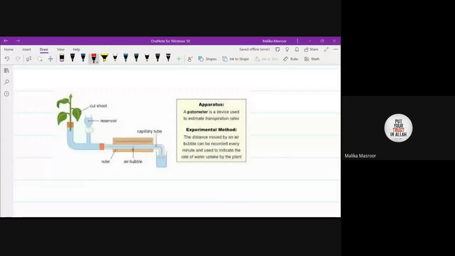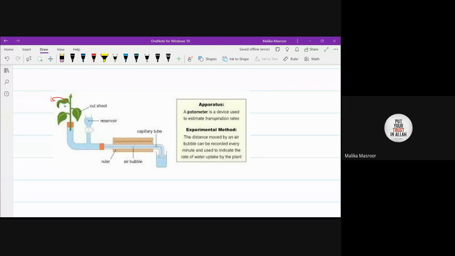Whatever distance is moved by this air bubble can be recorded every minute, or whatever time period you are taking. It will indicate the rate of water uptake by the plant, and because it's losing water by transpiration and taking it up over here, you can figure out the rate of transpiration.